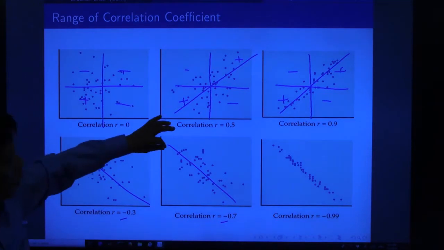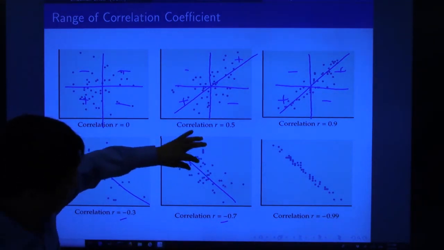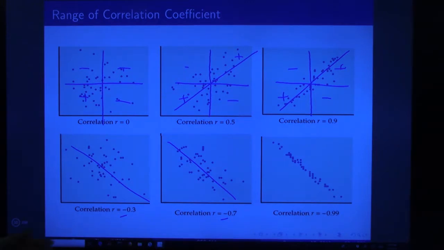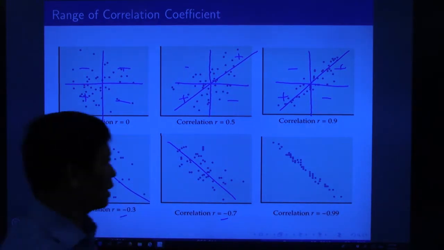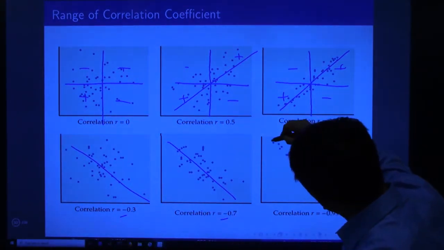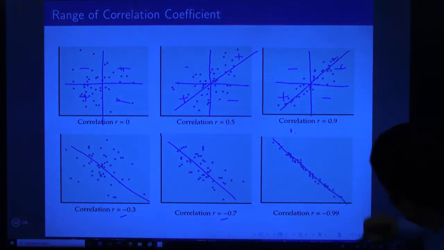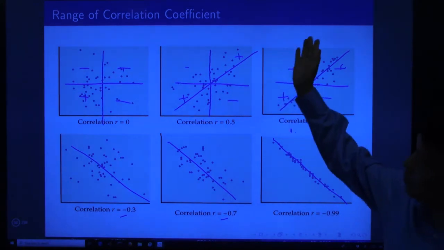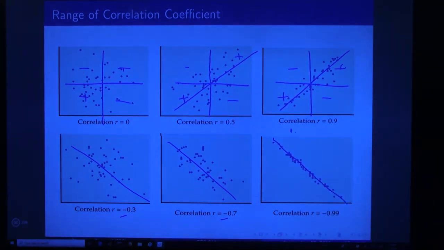That means the points are much more compact, much closer to the straight line. And this one here is the strongest. Again, it's negative like this, compared to this positive one, and the 0 there. And the correlation coefficient is very large in magnitude, because it is very close to -1. So it's the strongest.